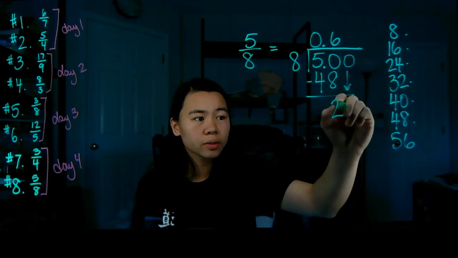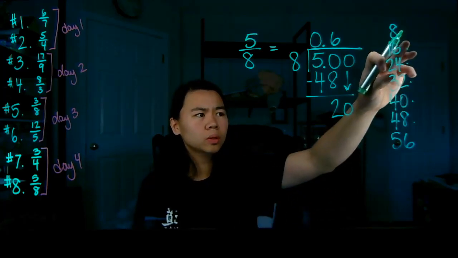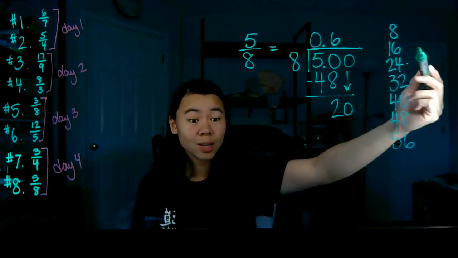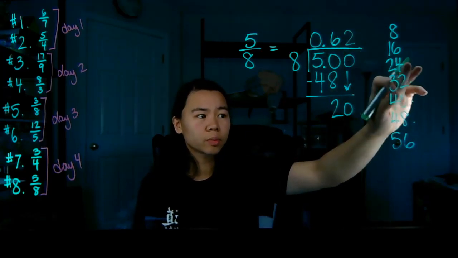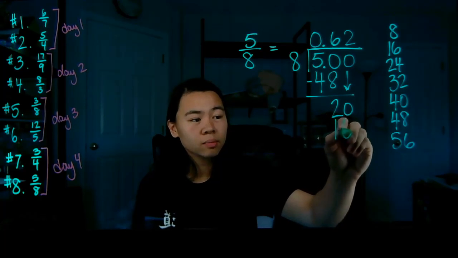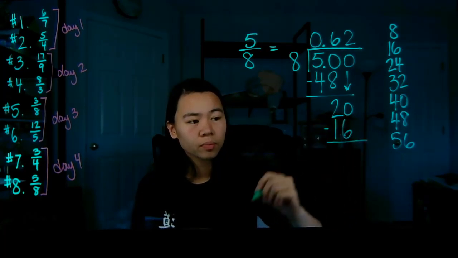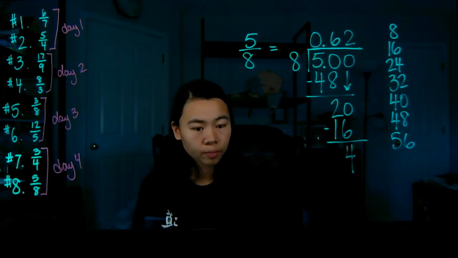We're going to bring down this 0 and we get 20. Now we start over. How many times can 8 go into 20? 1, 2, just twice, because 24 is too many. So 2 times. 2 times 8 is 16, and when we subtract, we get 4.